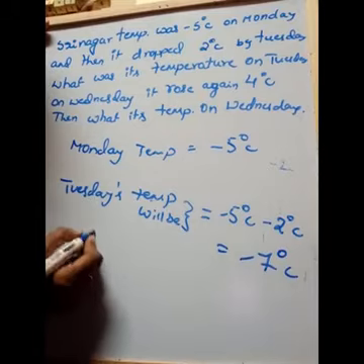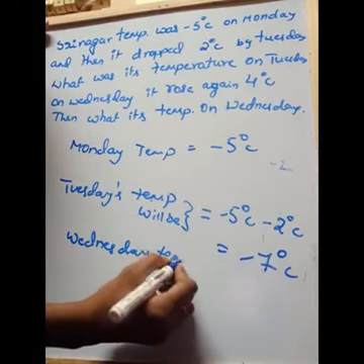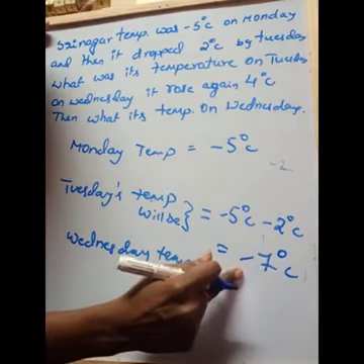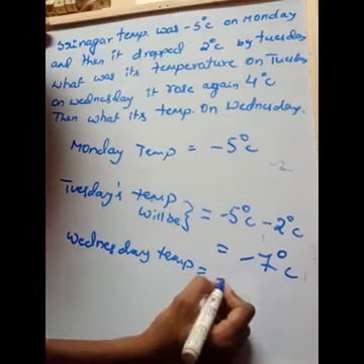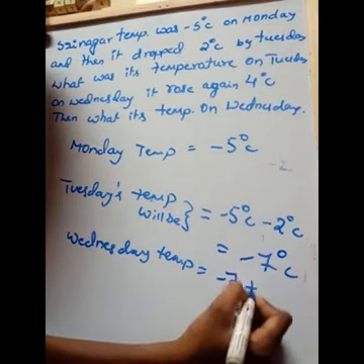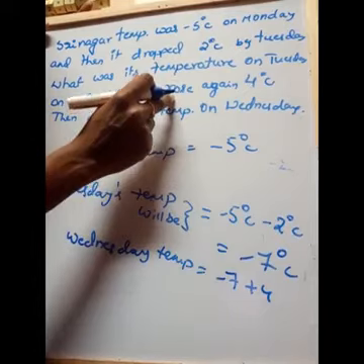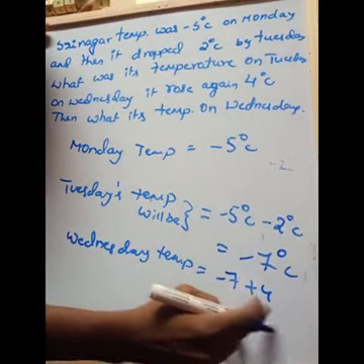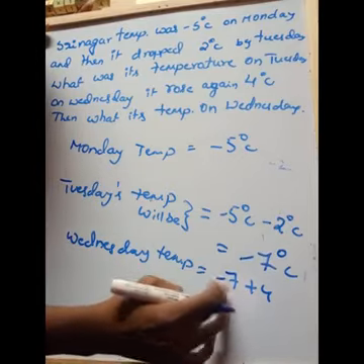So what is Wednesday's temperature? On Tuesday it is minus 7 degrees. On Wednesday it rose up to 4 degrees. So minus 7 plus 4. Why am I writing plus 4? Because it is rising up. Rise in the sense positive. So minus 7 plus 4. Again recall the properties. Alternate signs.